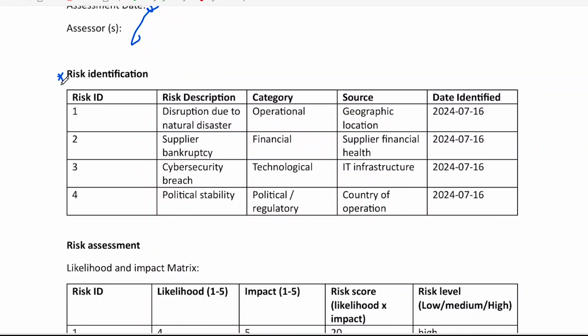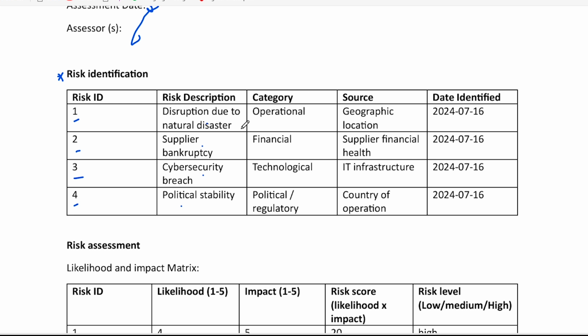So we have risk identification. You have your risk ID, 1, 2. These are the identification codes for these risks. So ID 1 refers to which risk? Disruption due to natural disaster. 2, supplier bankruptcy. 3 refers to cyber security breach. 4, political instability. And which areas do they affect?